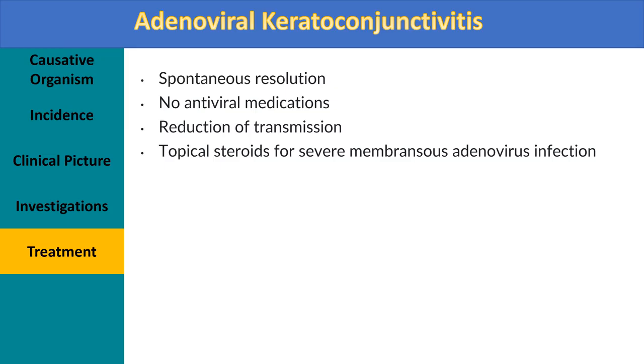So for those patients, they can continue on weak steroids such as fluorometholone for a few months or up to 1 year for gradual, very slow resolution of these subepithelial infiltrates. So this will be the treatment for those patients who are having persistent subepithelial infiltrates even after the resolving of the acute attack. So you see, our main aim in the adenoviral keratoconjunctivitis is to control or to manage the corneal affection.